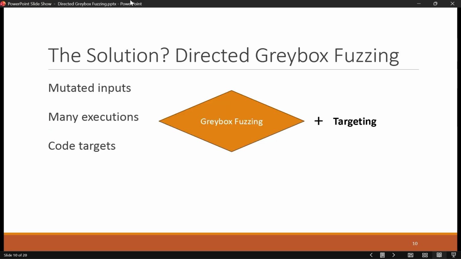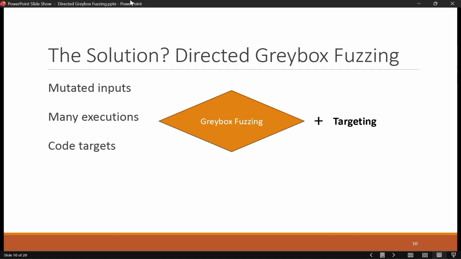So the solution proposed in this paper is directed Greybox fuzzing. What this essentially does is you're taking a Greybox fuzzer and you're giving it a target. So you'd still be mutating inputs, and this would mean that you're executing the binary repeatedly, but this time you're actually working towards a target in the code.